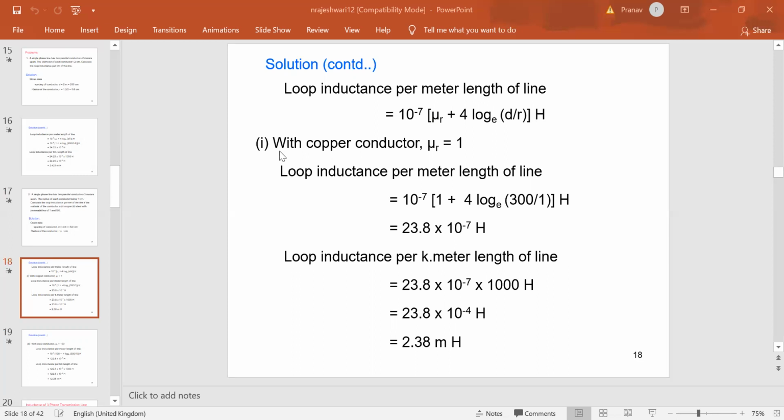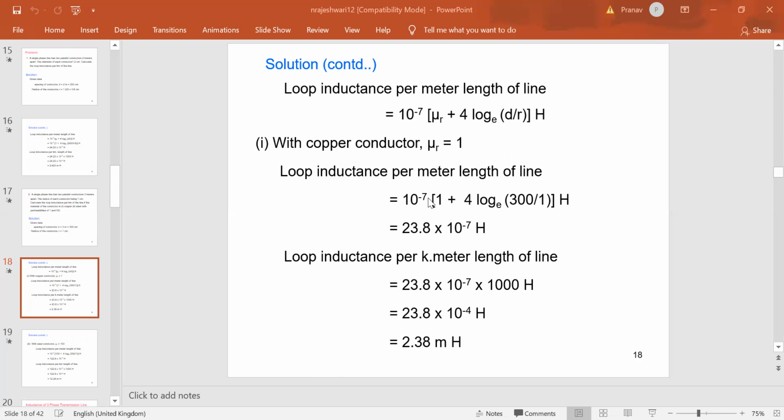So with copper as a conductor, mu r equal to 1, and loop inductance per meter length of the line will be 10 to the power of minus 7 into 1 plus 4 log of 300 by 1 henries.